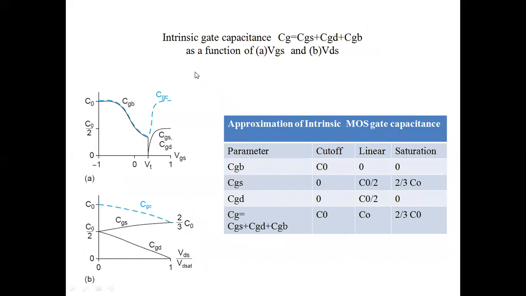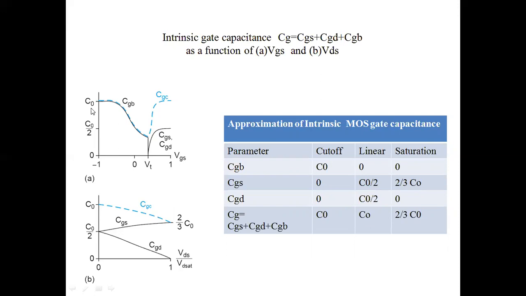Here we can see the same capacitance values as a function of VGS and VDS. The first plot shows the different capacitances present with respect to the value of VGS. When VGS equals 0, this is the condition of the cutoff region, and the value of capacitance is equal to CO. That is, only the CGB is present for the value of VGS less than VT.